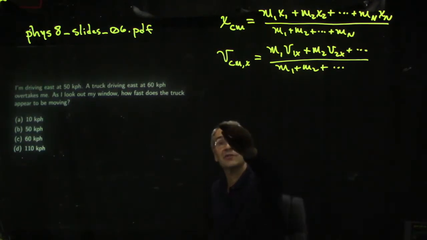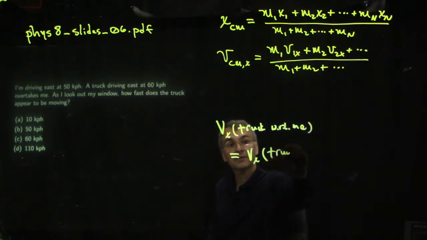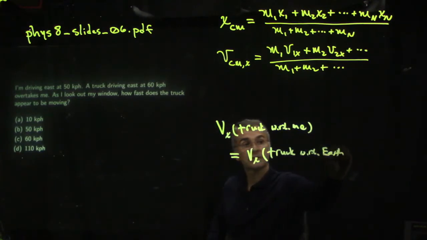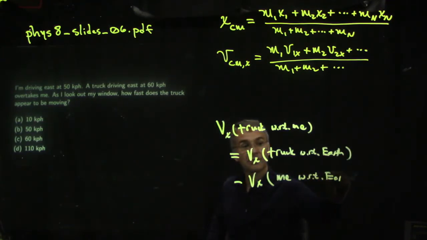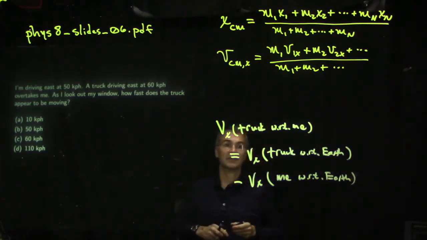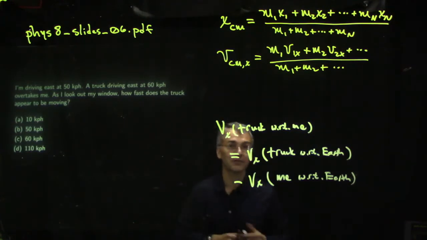So again, V sub x of truck with respect to me is V sub x of the truck with respect to Earth minus V sub x of me with respect to Earth.